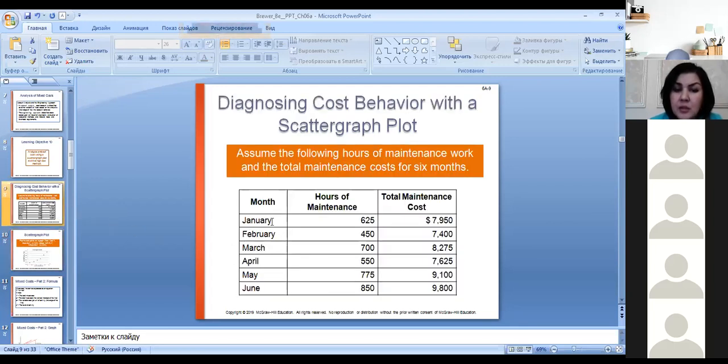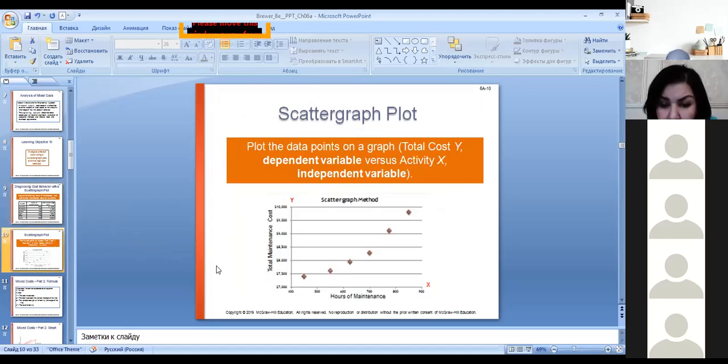For example, in January, hours of maintenance is 625 hours and total maintenance cost is 7,950. Let's plot this: 625 and 7,950 or so. So this is this point.